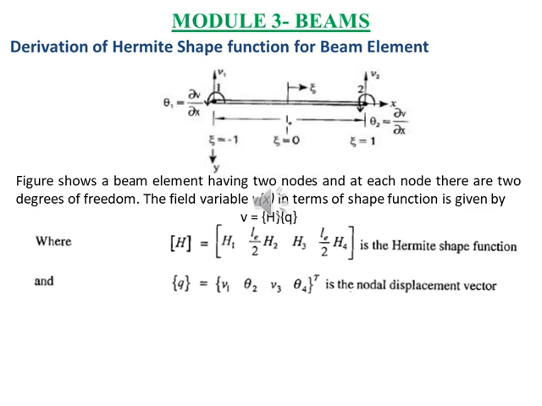So the field variable v of x in terms of the shape function is given by the equation v is equal to h into q, where h is the Hermite shape function represented by h is equal to h1, le by 2 into h2, h3, le by 2 into h4, and q is nothing but the nodal displacement vector. So it consists of v1, theta 2, v3 and theta 4.